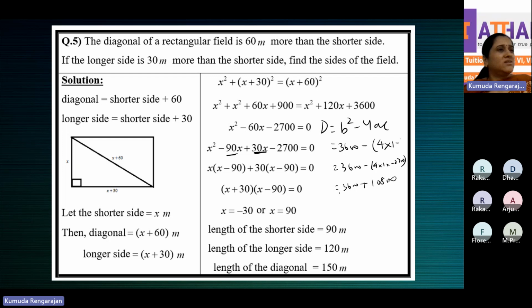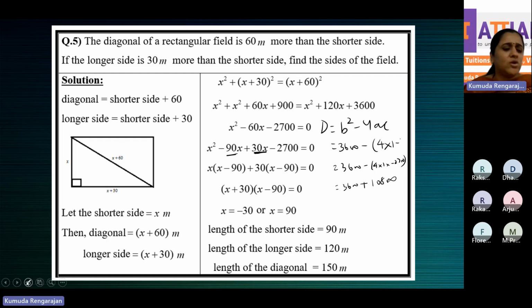Then add this. No, I don't want to work this now. Then you substitute in the formula. Then you need to find the square root of that number under the square root. Yeah, so use the quadratic formula. That is just numerical, no? So there you will not have any problem, except that you should know how to find the square root. So using the quadratic formula, you should know how to find the square root.